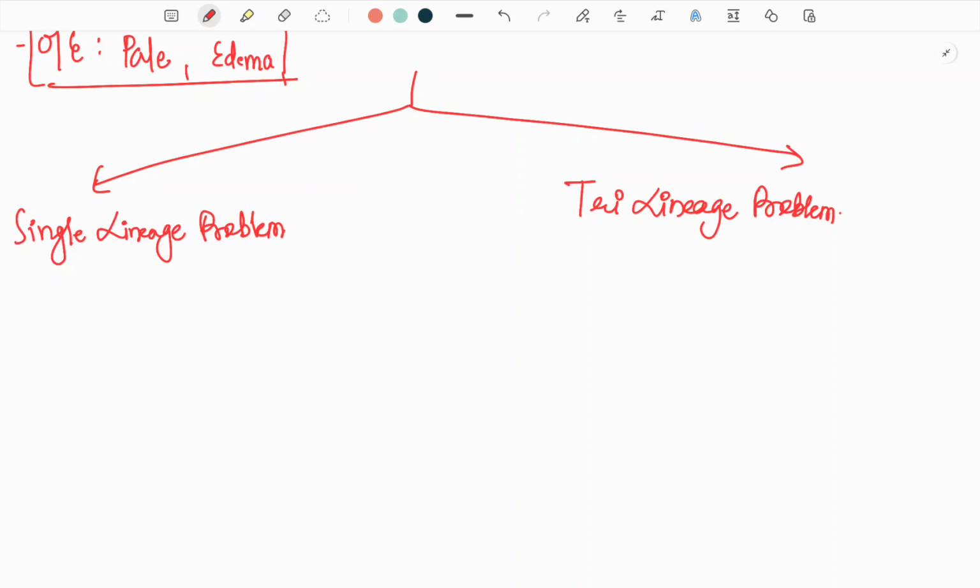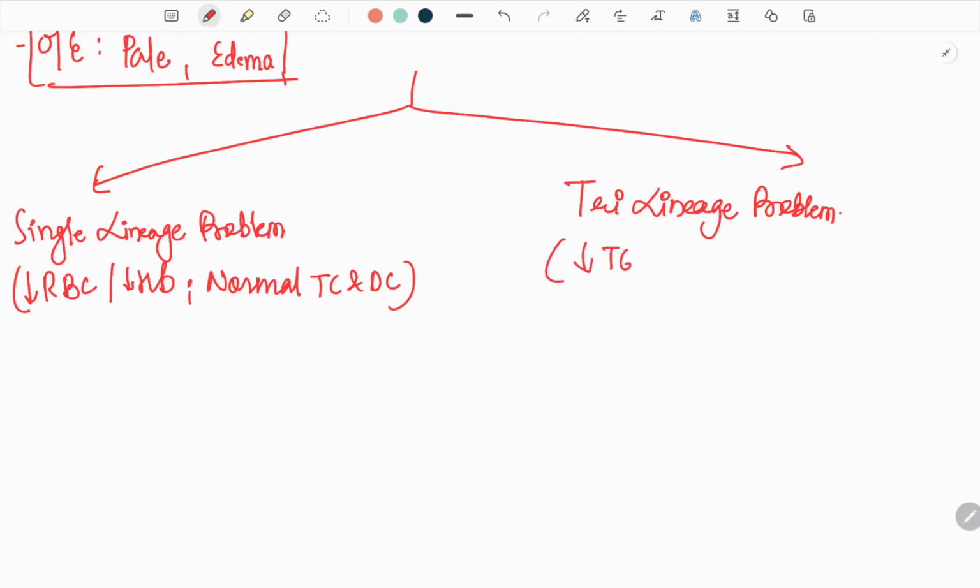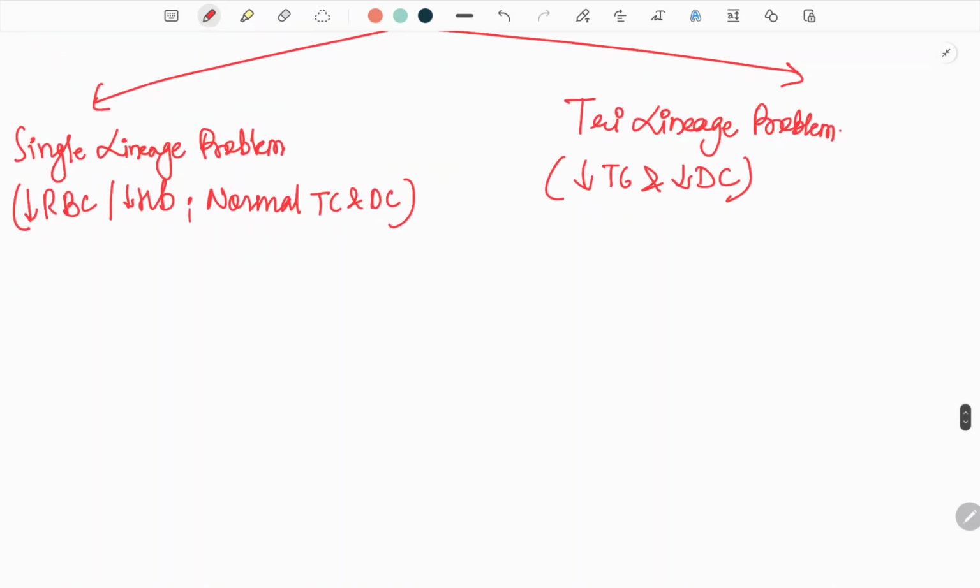So if you are dealing with single lineage problem, you will only have decrease in RBC or hemoglobin with normal total count and differential count. If you are dealing with tri-lineage problem, you will have decrease in total count as well as differential count. This tri-lineage problem is an entire different game altogether, and we'll discuss it in some other topic.